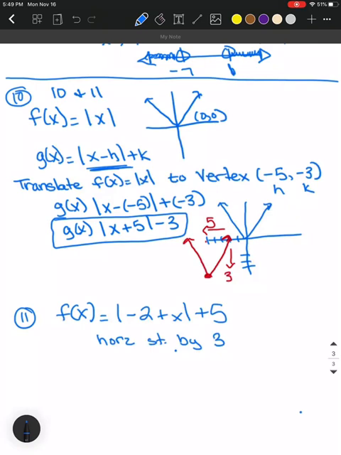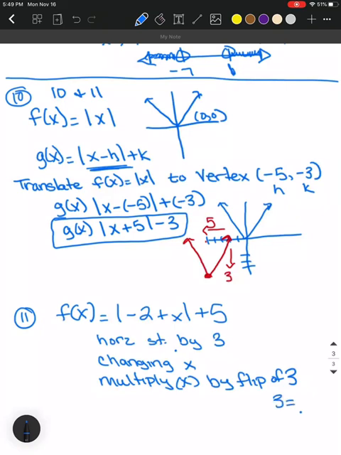So I'm only changing my x. So what that is, I'm going to multiply my x by the reciprocal of 3. And we know reciprocal means just the flip. All right, so the flip of 3 is 1/3.